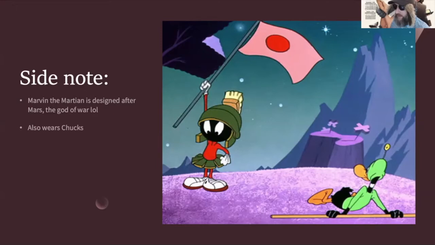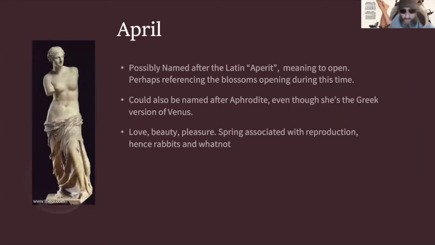He's always pissed off and he always wants to blow shit up. That's Mars. I thought that was the Japanese flag. Oh no, it's pink on the outside, but it's very close. I didn't look at his shoes. His shoes are white, and that would be white up there. Never mind. So, yeah, Marvin the Martian. I didn't make that. I was like, shit, there he is. He's got the little skirt and everything. He's adorable.